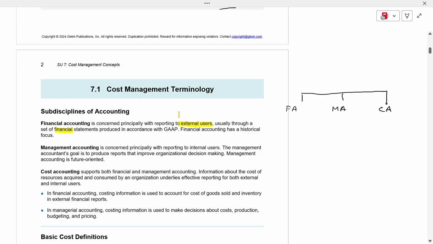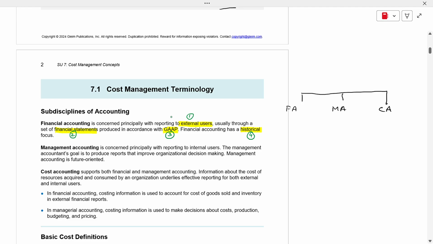We use the financial statements as per GAAP. And most importantly, financial accounting is historical, the past. So it is for external users, in terms of financial statements, using GAAP, and it is historical in nature.